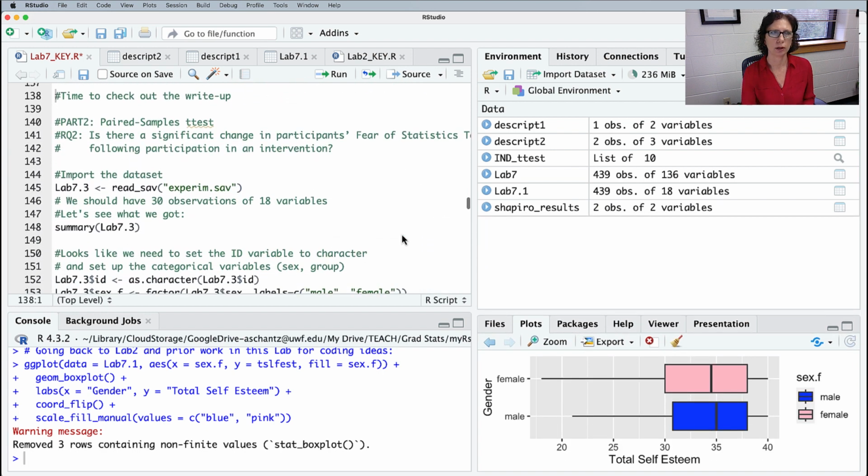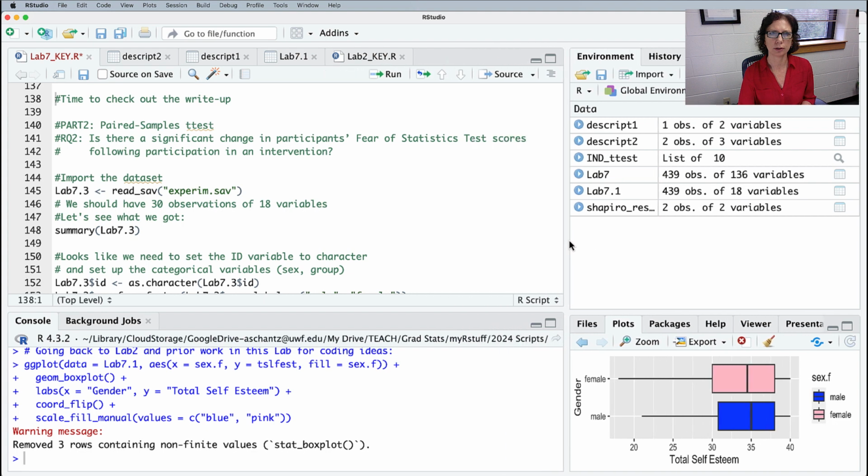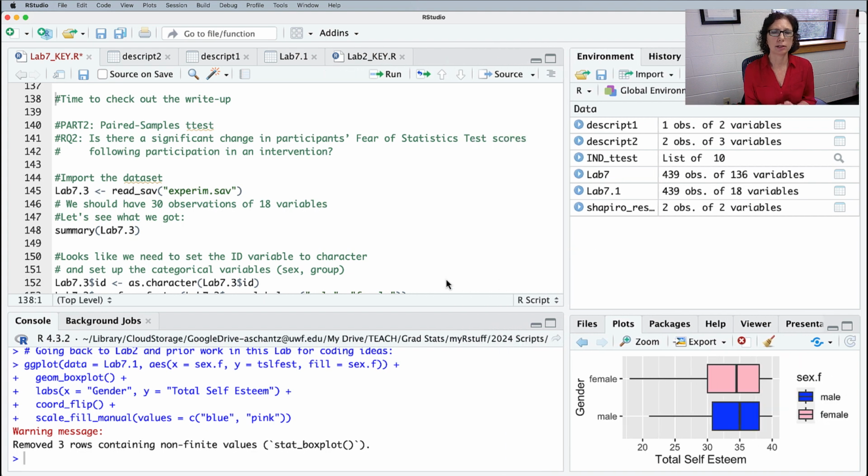Moving into our part 2, our paired samples t-test, is looking at a different question here. We're looking at, is there a significant change in participants' scores on their fear of statistics following an intervention?